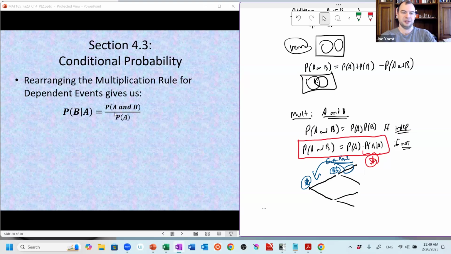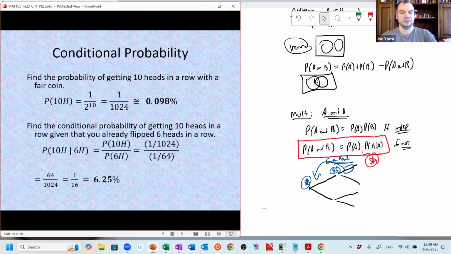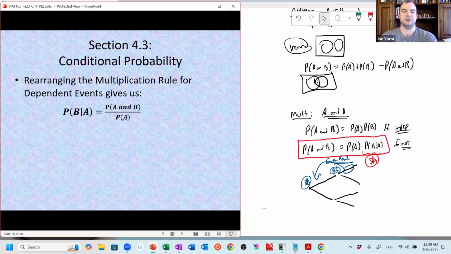It's related to a fraction, probability of A and B over probability of A, but that vertical line is not a division line. That's the most common error that I see in anything involving conditional probability: people take this and make it probability of B divided by probability of A, and that's not what it is.